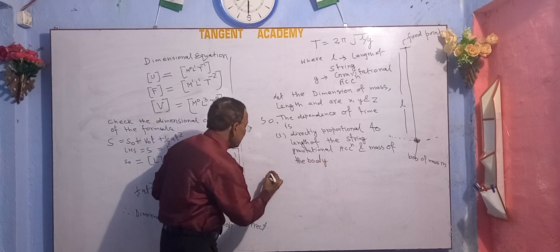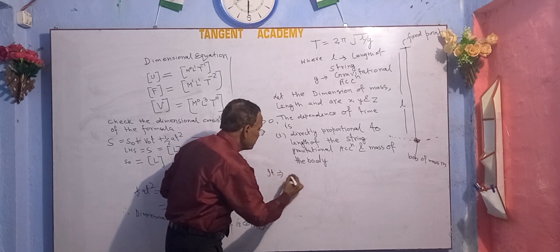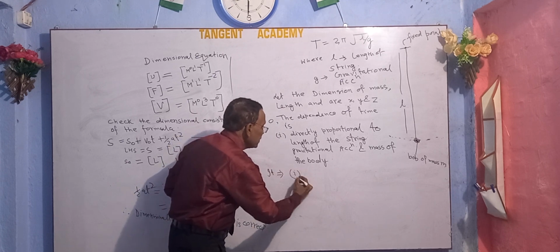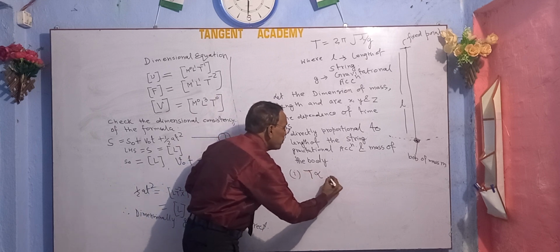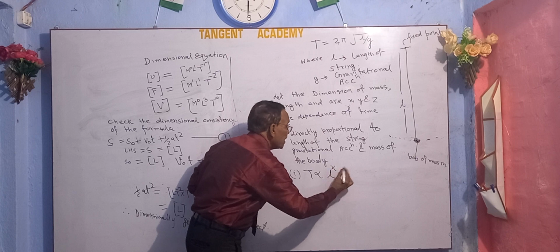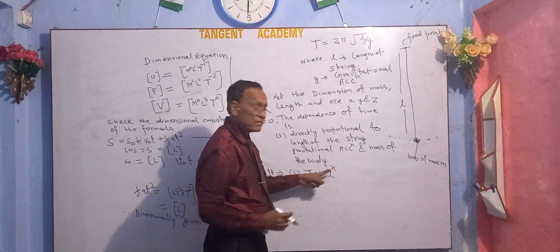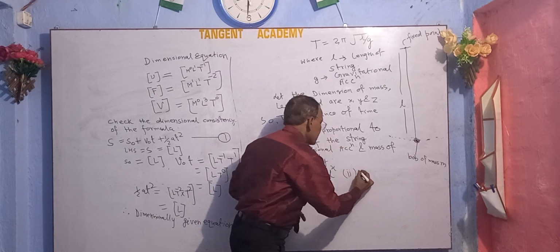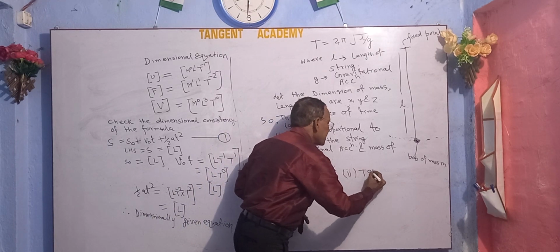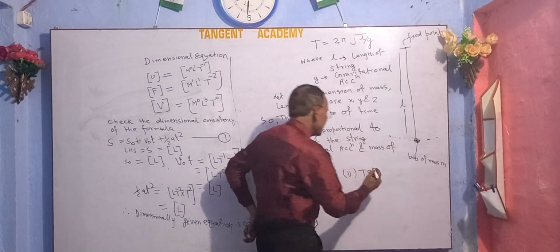It implies the time period is directly proportional to L to the power x, as I have supposed. Secondly, the time period is directly proportional to g to the power y.